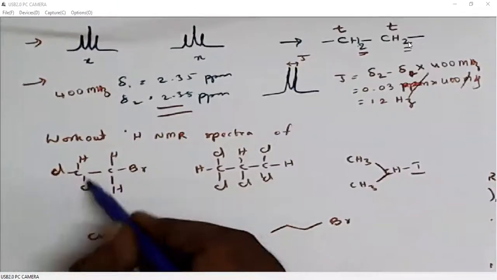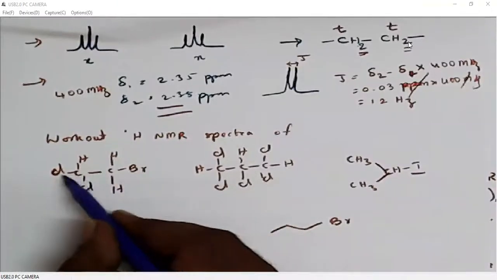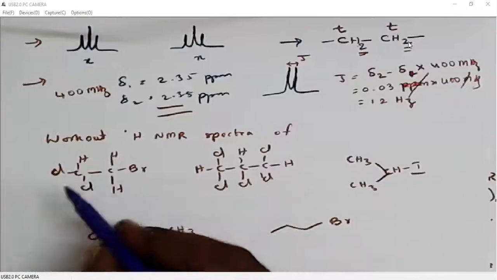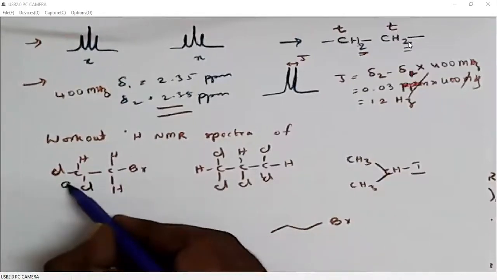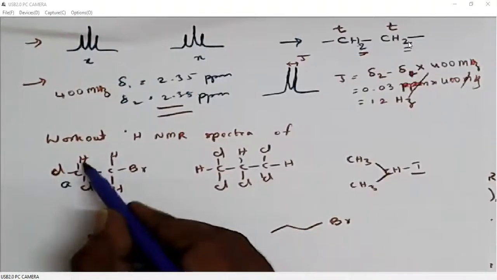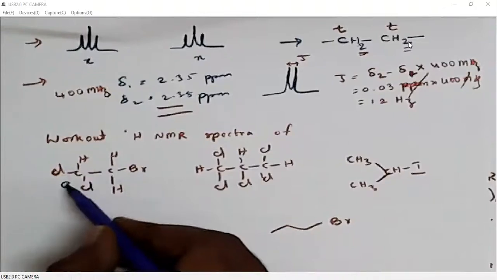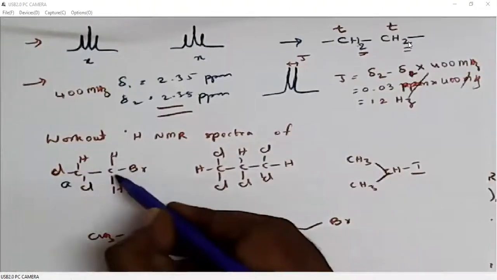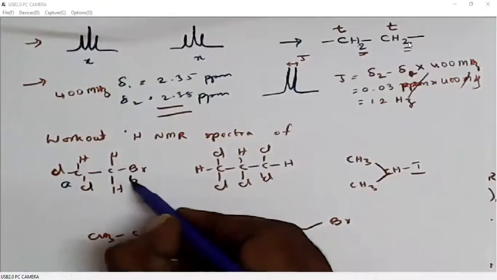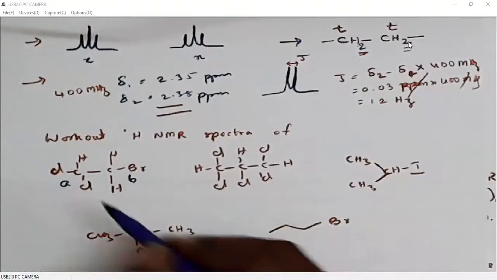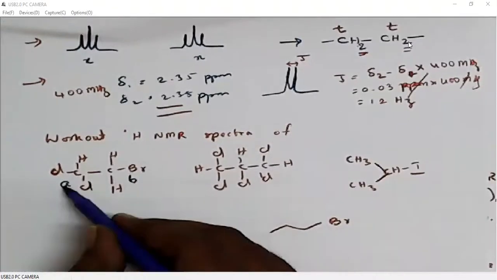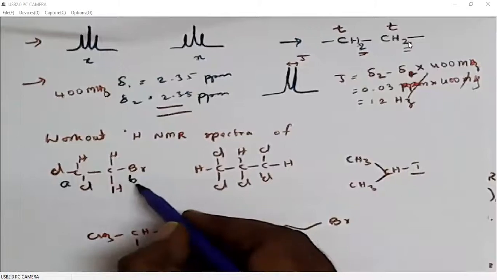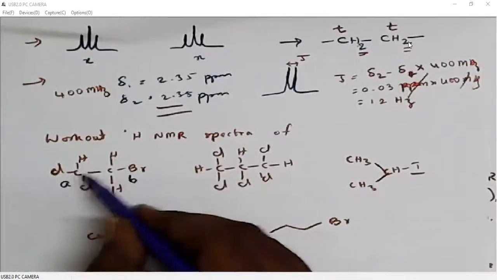So it is a more electronegative carbon, because there are two chlorines. So the proton here will show the highest frequency or highest delta. The protons here will show low delta. So this proton will appear at a high delta, this proton will appear at a low delta among these two.